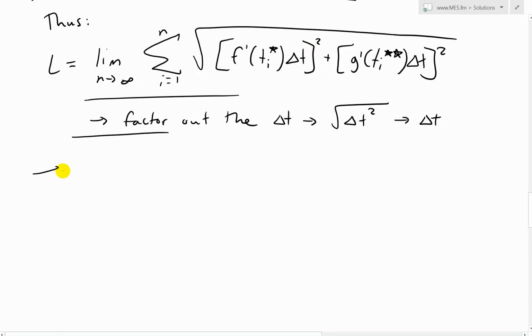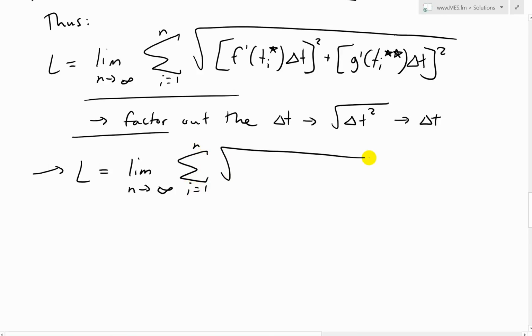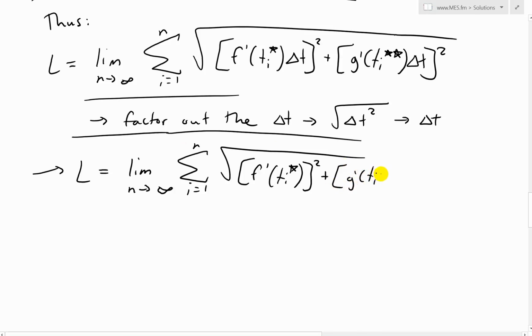What we end up having is L equals the limit as n approaches infinity of the summation i equals 1 up to n of the square root of f prime of t_i star squared plus g prime of t_i double star squared, and on the outside we factor out delta t.